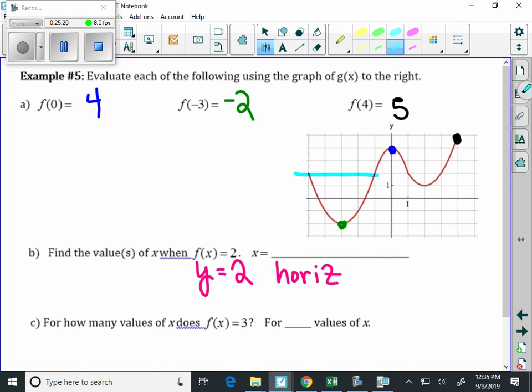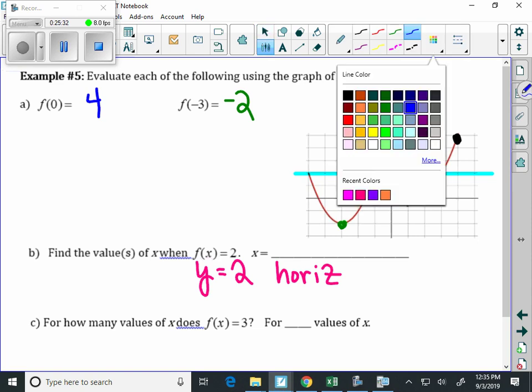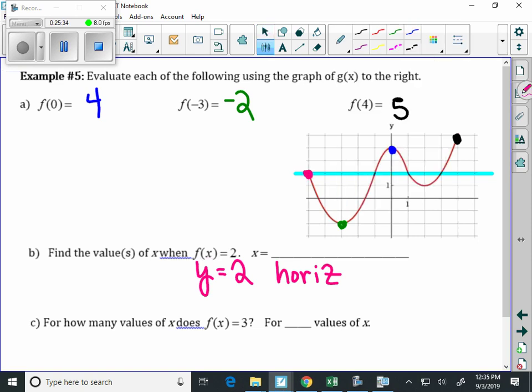Because it says find the values of x, what we want to know in this particular case is, what is that value? What is this value? What is that value? And what is that value? Again, they don't have to be in the same order, but we need to have all of them. -5, -1, +1, and 3.